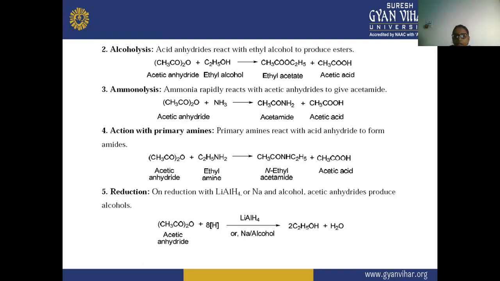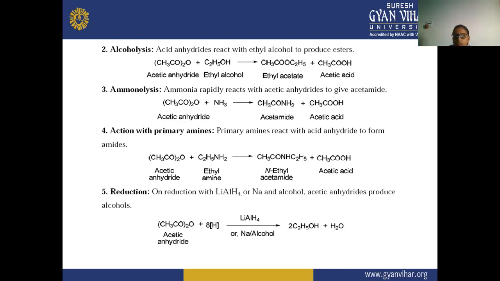Here OH is removed, and this OH negative will react with CH3CO, and there is a formation of acetic acid. And CH3COO negative will react with the C2H5 positive, and there is a formation of ethyl acetate.